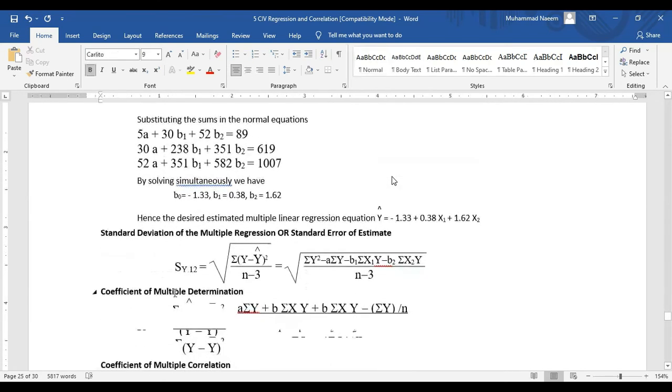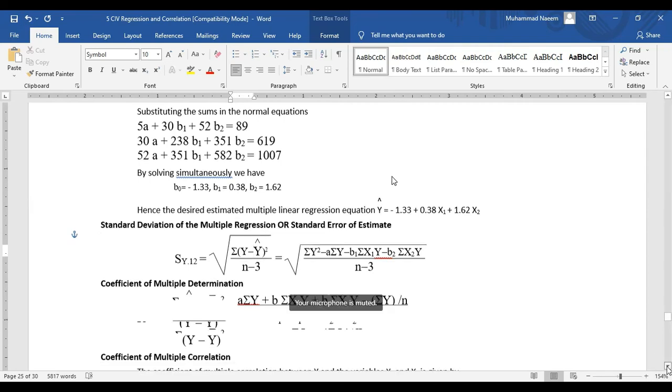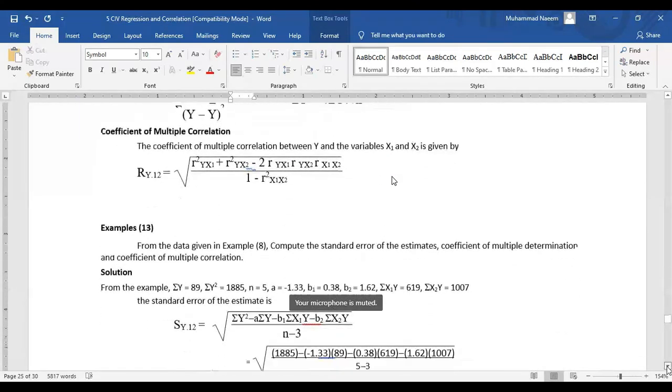Similarly, we also have a standard deviation of multiple regression. We just need to construct one or two more columns in the table, put them in the formula and find the required standard deviation.